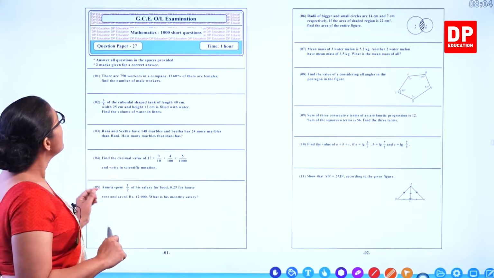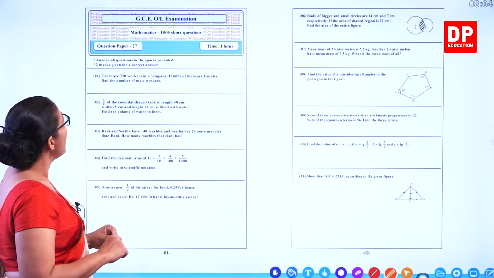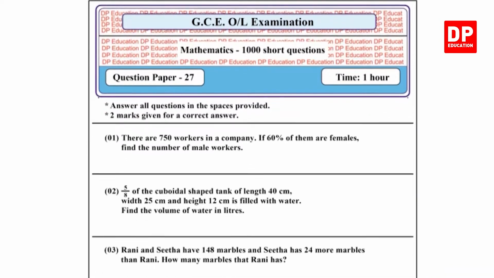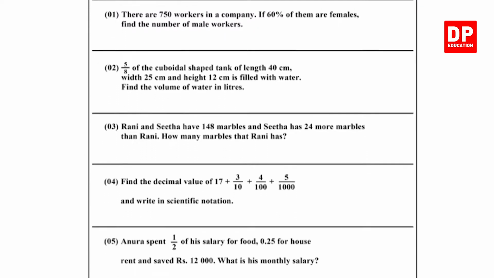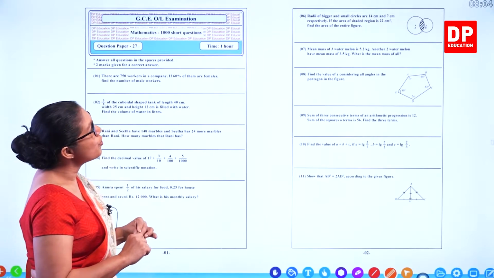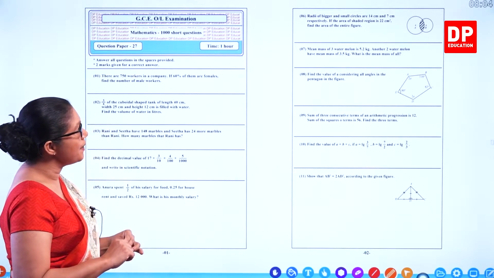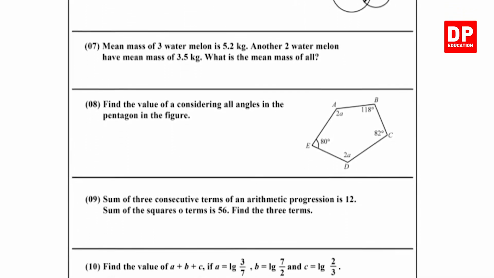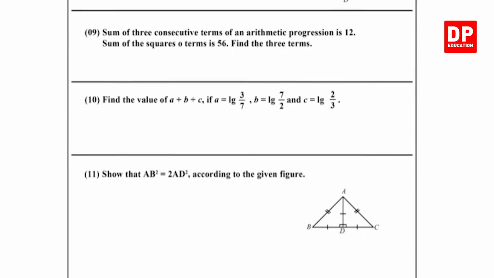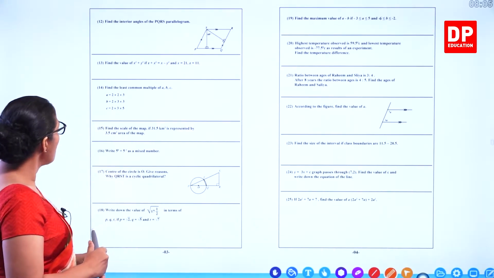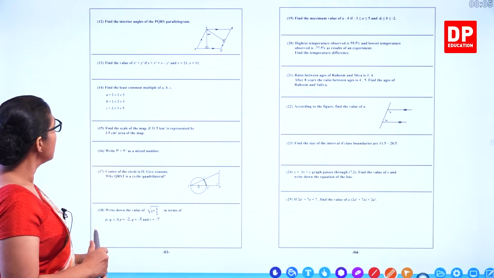In the first page, you get question number 1 to 5. On page number 2, you get question number 6 to 11. On the third page, you get question number 12 to 18.